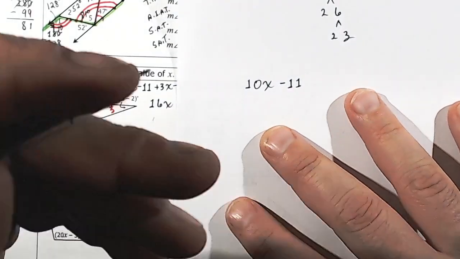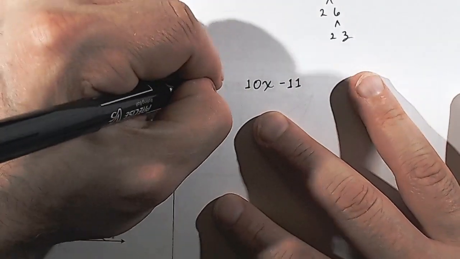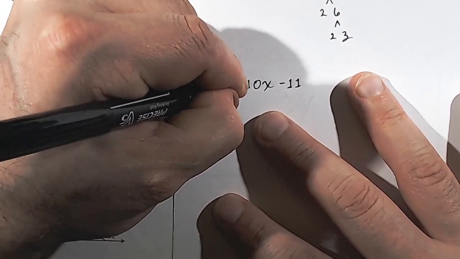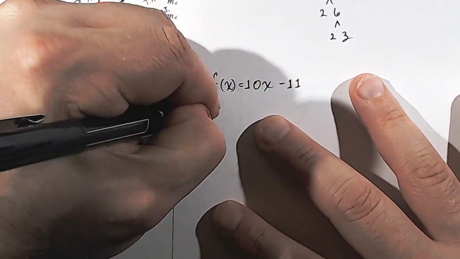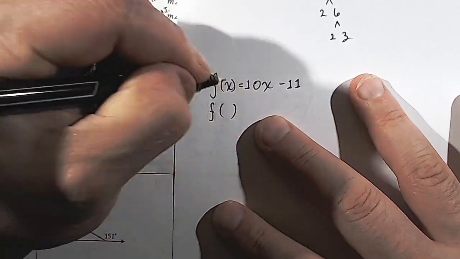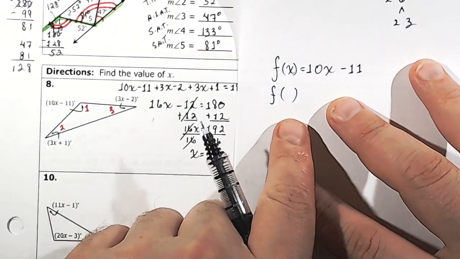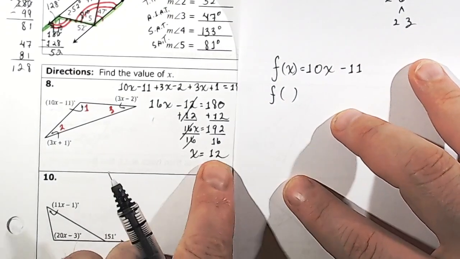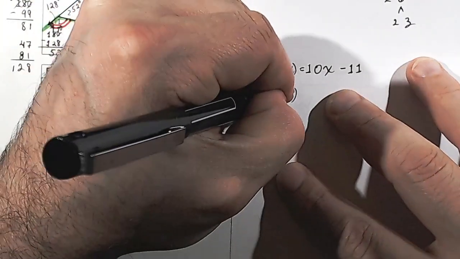If you put this into f of x notation, you could write f of x equals 10x minus 11. So evaluate the function at x equals 12.